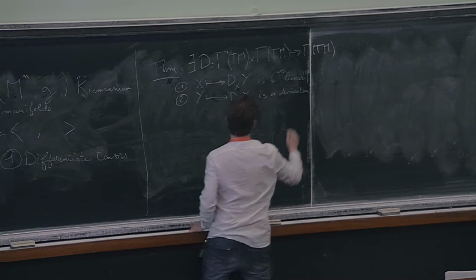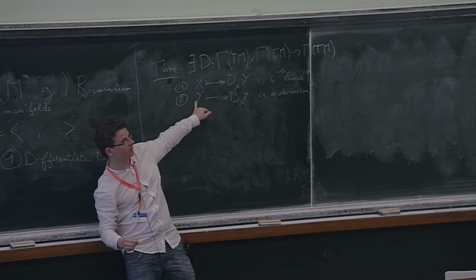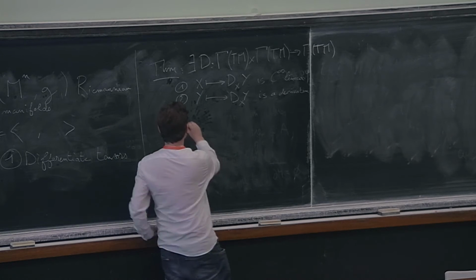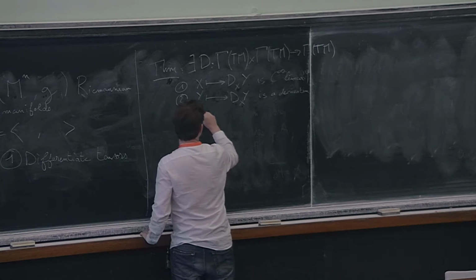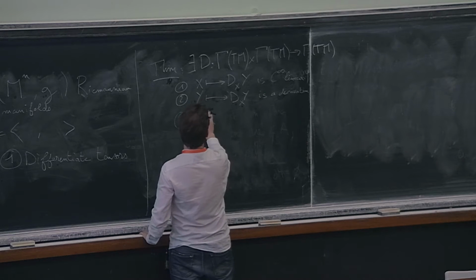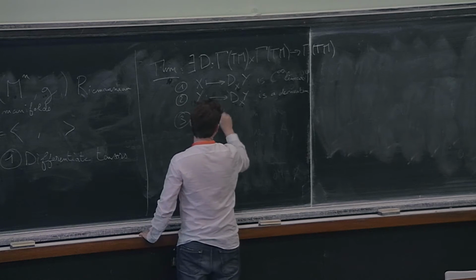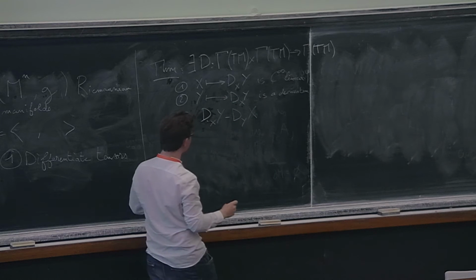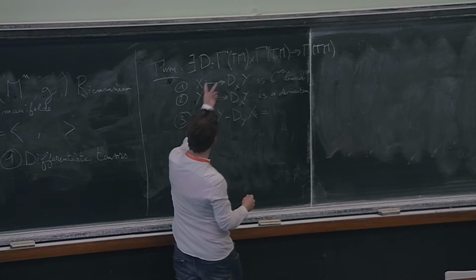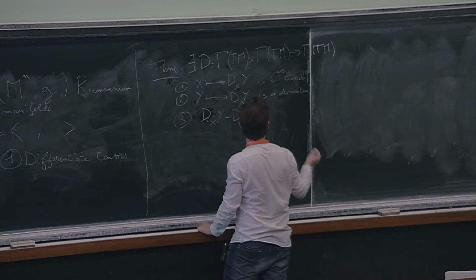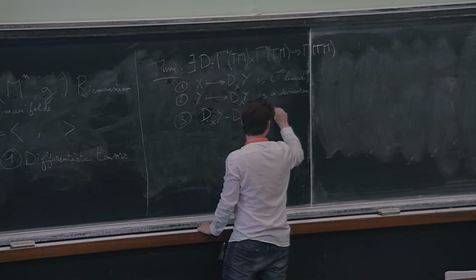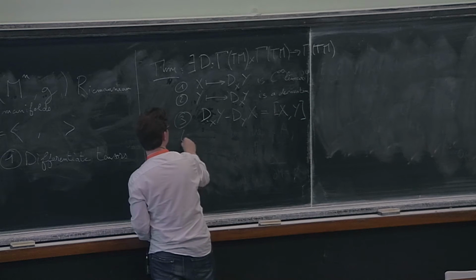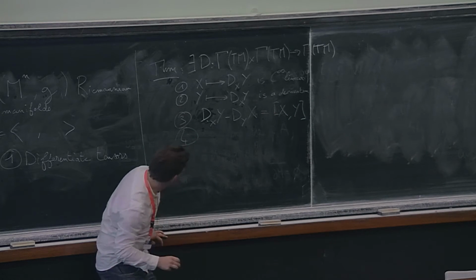So it's R-linear, and when you multiply your vector field by a function, it satisfies the Leibniz rule, and it satisfies some commutation relation, namely that when you take the difference, the anti-symmetric part, it gives back the Lie bracket. So this is the torsion-free property.